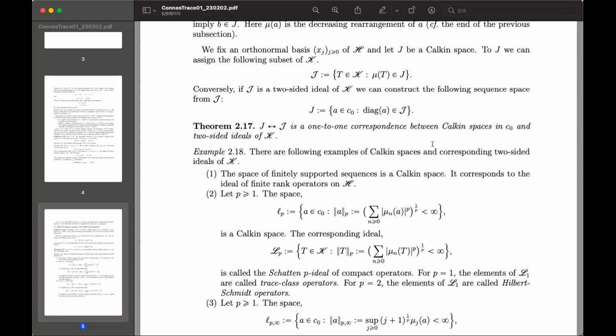So it looks like the ideal here is just generated by those identity times eigenvalues. Am I right? That gives the one-to-one correspondence between the spectrum and, for each eigenvalue, the corresponding bounded linear operator.